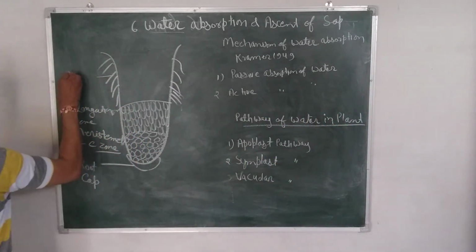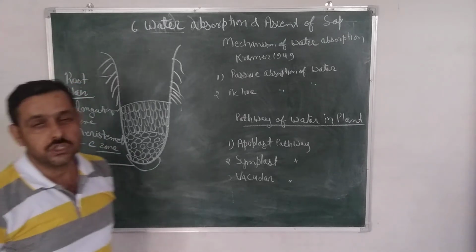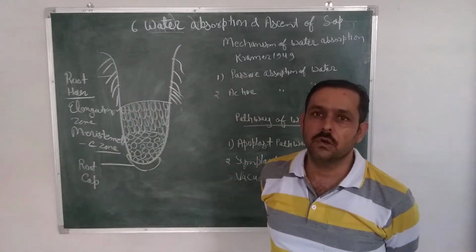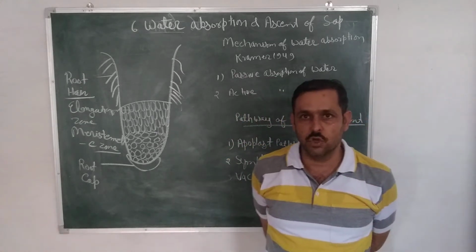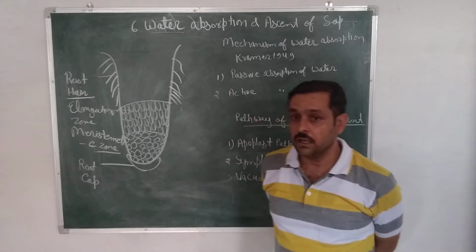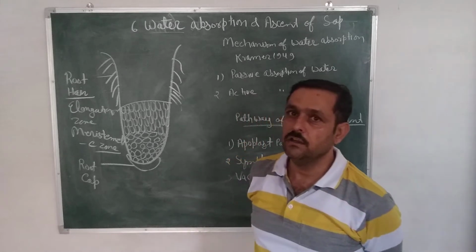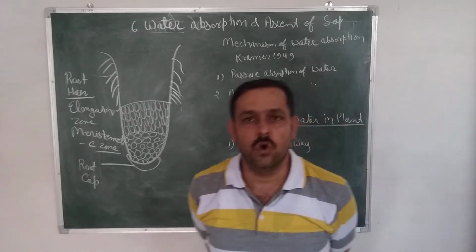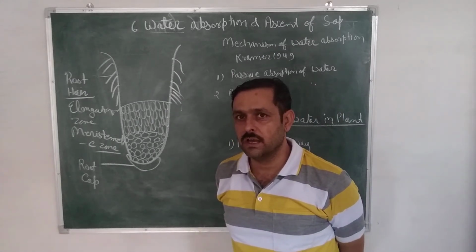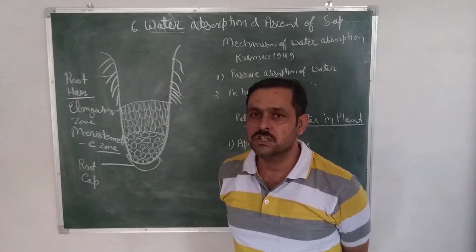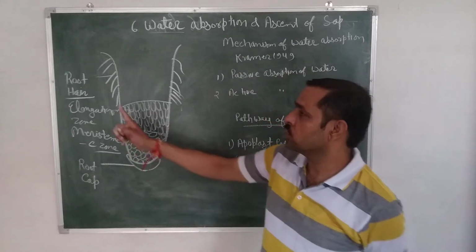As you know the difference between root hair and stem hair: root hairs are unicellular structures, and they are the real organ which absorbs water. In the stem there are multicellular hairs, and they do not absorb water. My dear students, please remember, here also is a one mark question. The structure which absorbs water from the soil is called root hair.